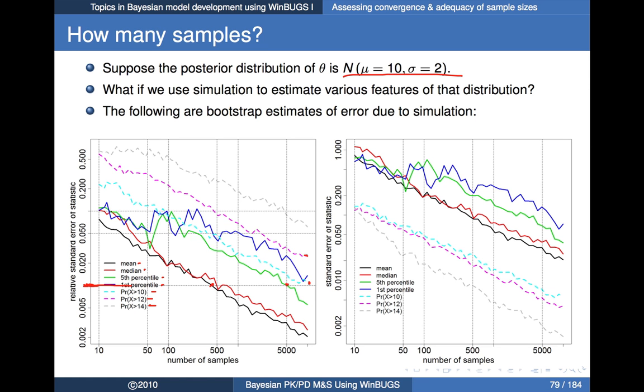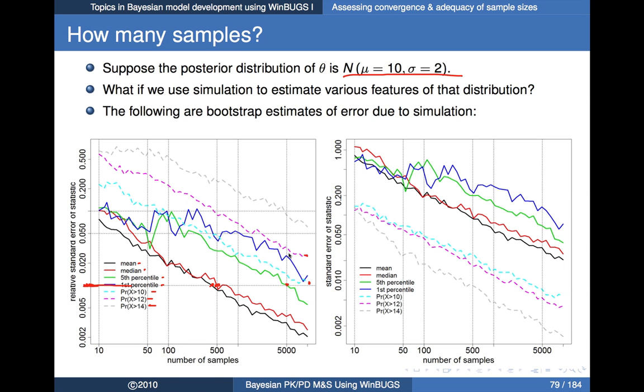So let's say roughly 500 samples I would need to be assured of having around a 1% standard error in my estimated posterior mean here. For the median, which is the red curve here, it's pretty similar. It's in the same neighborhood, and that's pretty much what I would expect.